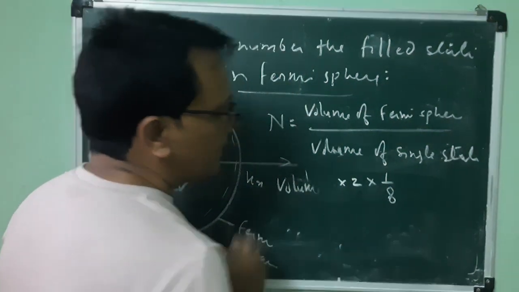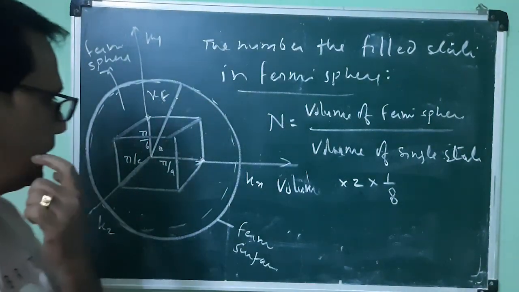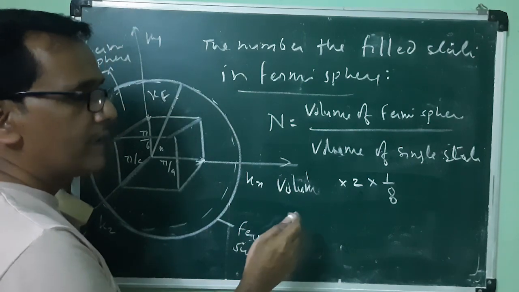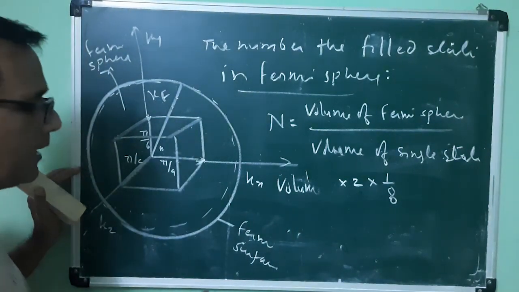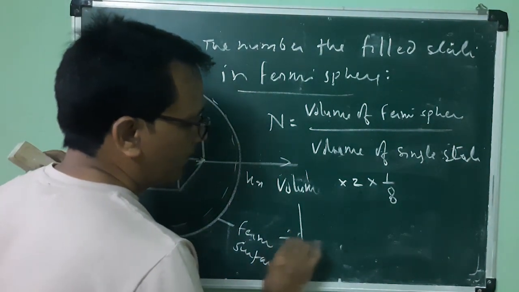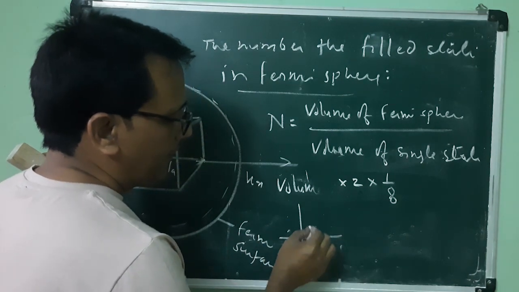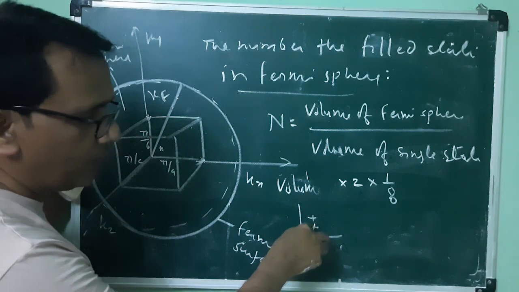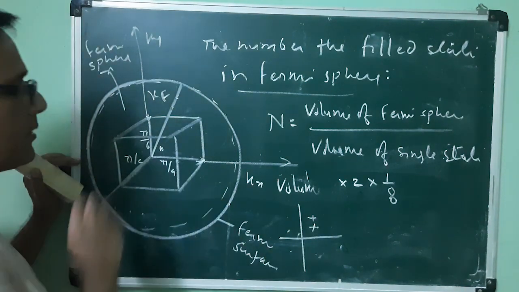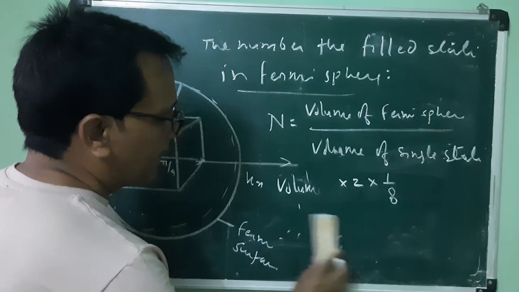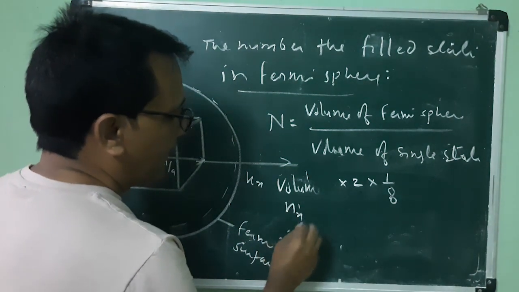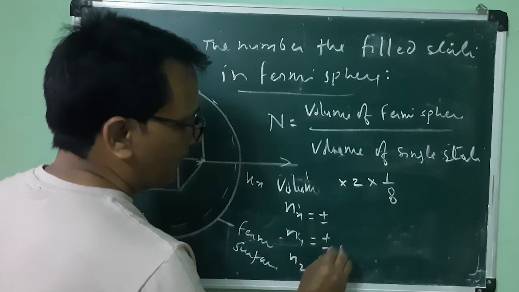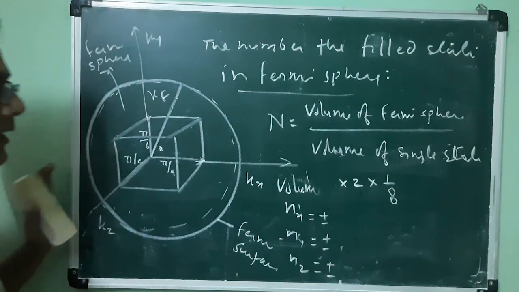So 1 upon 8 is introduced here because we are taking the positive part of nx, ny and nz. Similar to the two-dimensional case, where we have 4 quadrants and take only the positive coordinate, so we take 1 by 4. In the three-dimensional case, nx, ny and nz can be positive or negative in different directions.